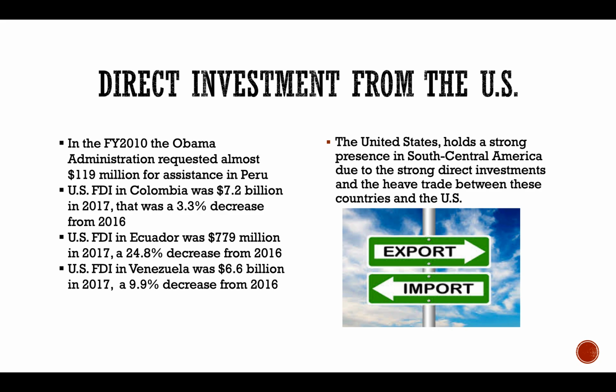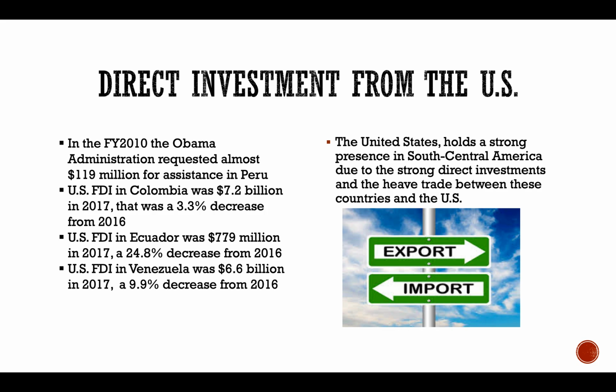Direct investments from the United States. In the fiscal year, the Obama administration requested almost $119 million for assistance in Peru. In 2017, Colombia was given $7.2 billion, which was actually a decrease from the previous year. In 2017, again, the U.S. FDI in Ecuador was about $779 million, and that was also a decrease from the previous year of about 25%.